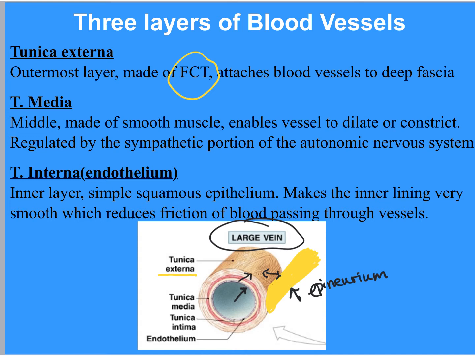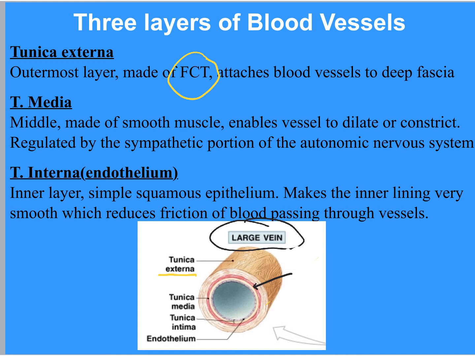And then next up is the tunica media. Let me erase some of my previous drawings here. The tunica media is the middle or intermediate layer, and that middle layer is going to be made of smooth muscle right here.